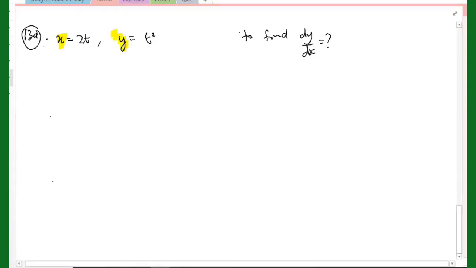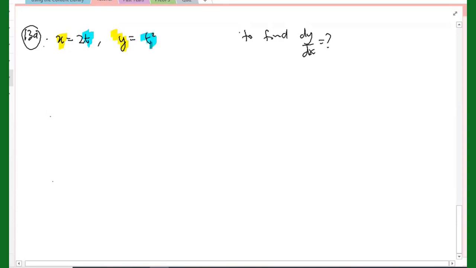Number 13A, x is equal to 2t, y is equal to t squared. So, to find dy/dx. Now, in this parametric case, let's say you have variable x and variable y, and the parameter t is the third variable.